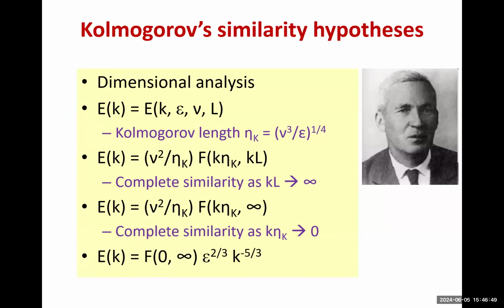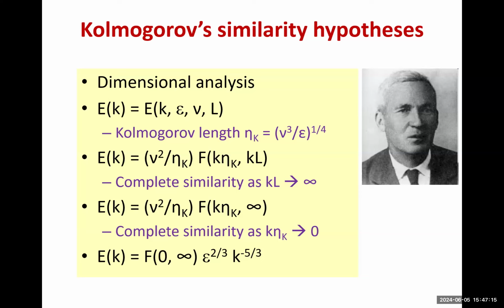Okay, so here is a brilliant idea that Kolmogorov came up with. And sometimes in books or seminars, you'll hear people say, oh, you can derive this law by dimensional analysis, but it's not true. It's completely wrong. So let me explain what the claim is. I want to know what E of k is, the kinetic energy per unit wave number range.